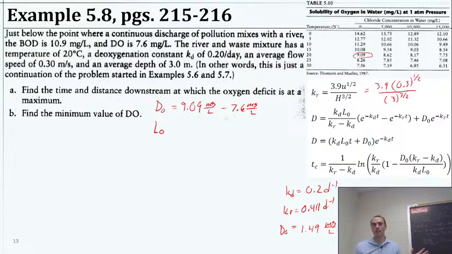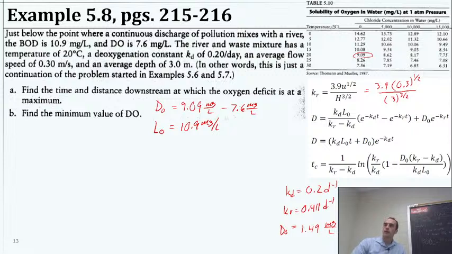That's not just a 5-day test. That's the amount that's there, right? So that should be the 10.9 milligrams per liter. And then we could use those pieces to find what's next.